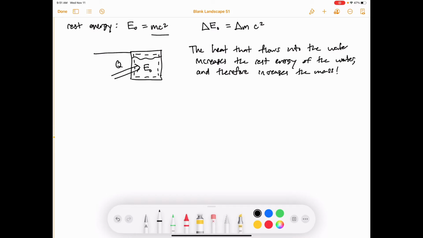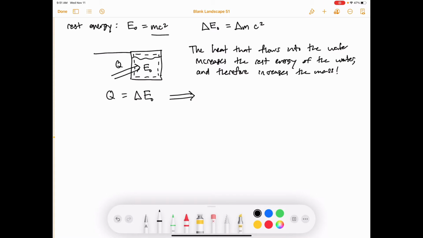So if we take that statement that the heat that flows into the water increases the rest energy of the water, we can turn that into an equation. Q, the heat that flows into the water, is equal to delta E naught, the change in the rest energy.